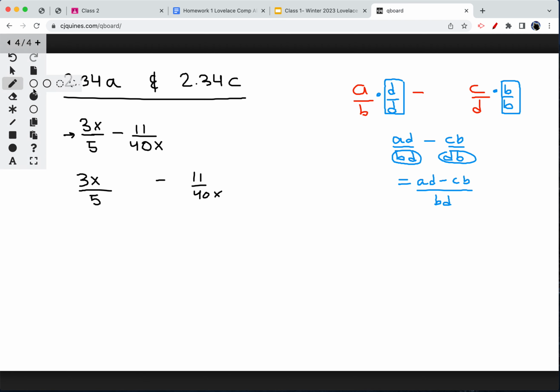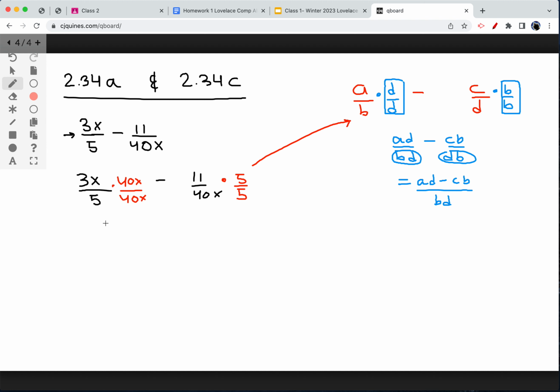And we'll multiply the first fraction by 40x over 40x, and the second fraction by 5 over 5. This is basically the same thing that we did here, except replacing a with 3x, b with 5, c with 11, and d with 40x.